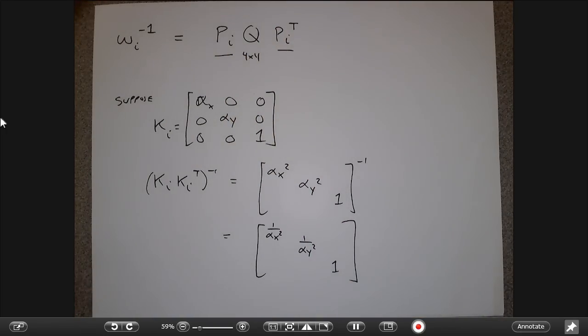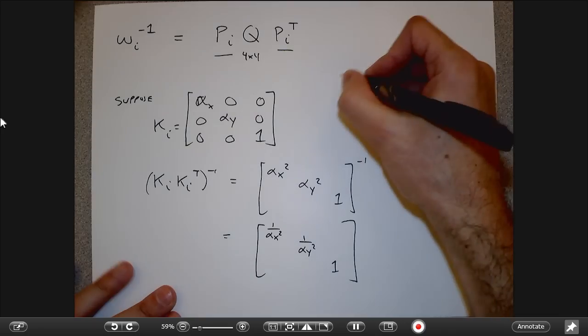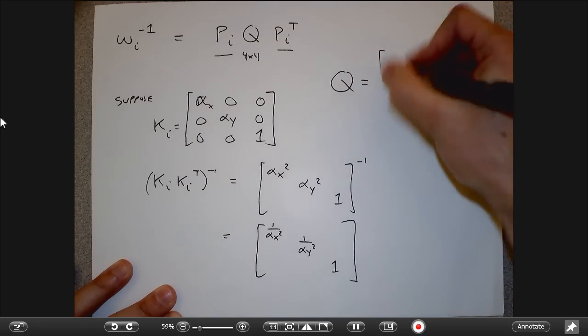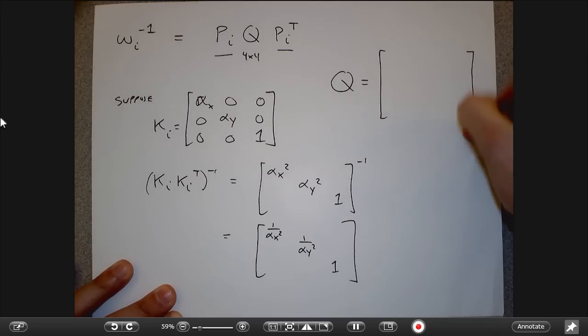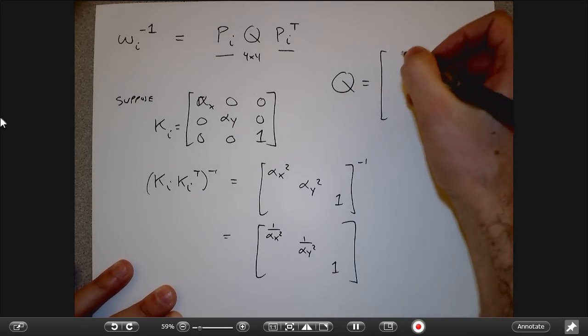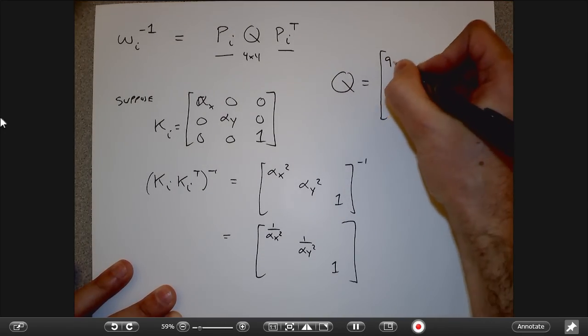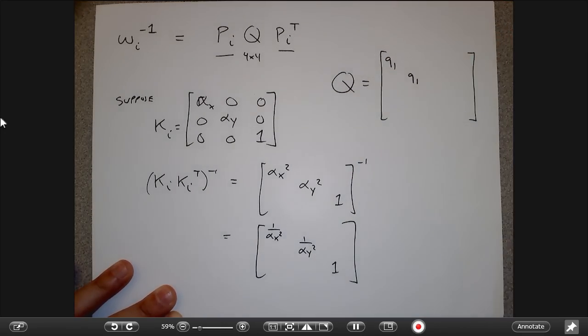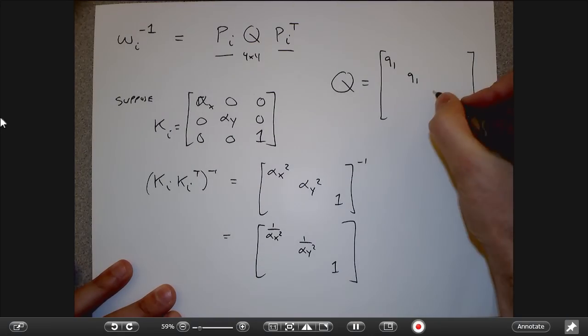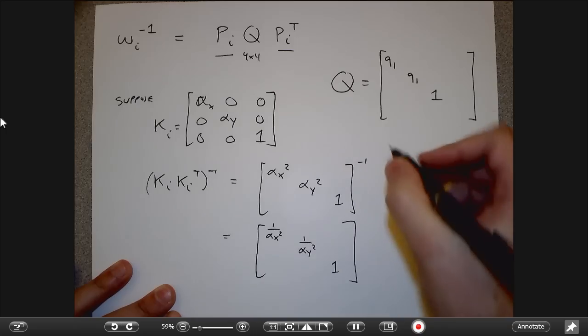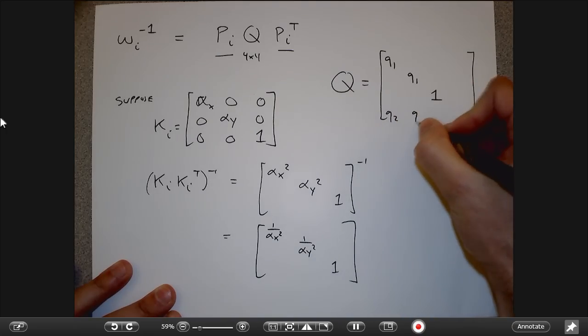Now I can think about what this Q is. I can also show that Q, if I make the same assumption about the first camera matrix, has a particularly nice form where I've got 2 entries along the diagonal that are equal to each other, a 1 here, and then some more numbers here.